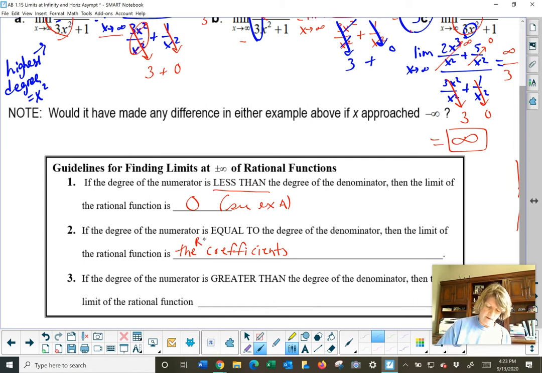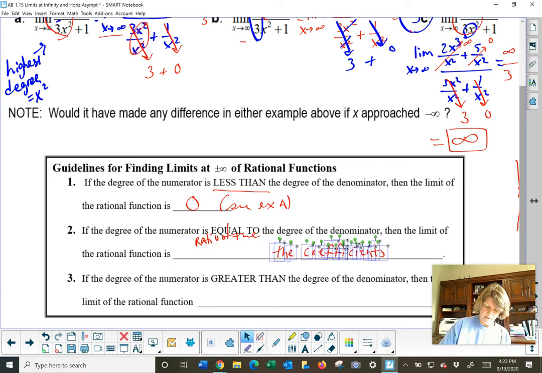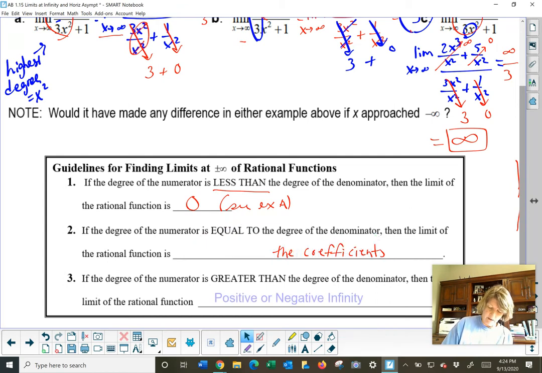You know what I'm going to add in there? It's the ratio of the coefficients. That would sound a little bit better, I think.